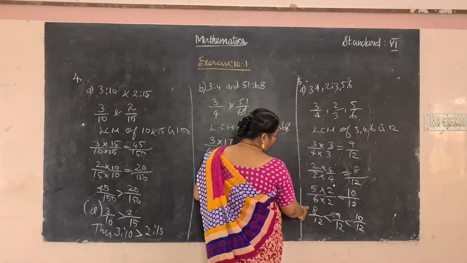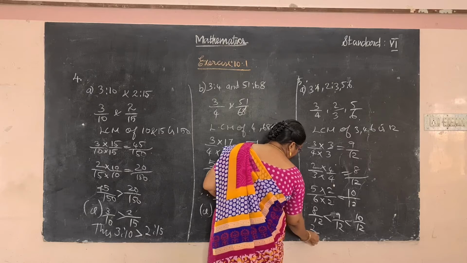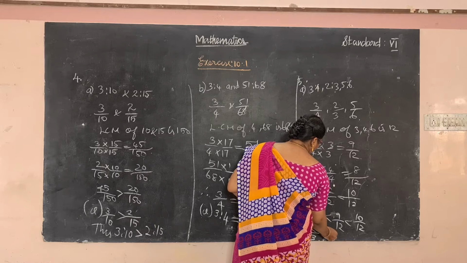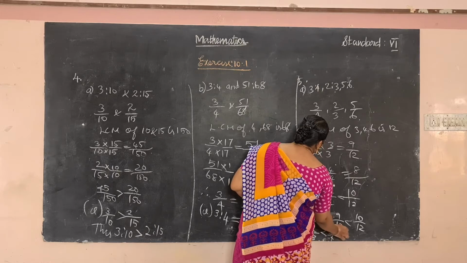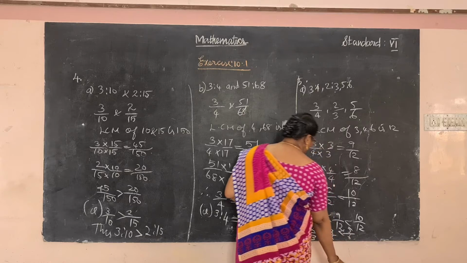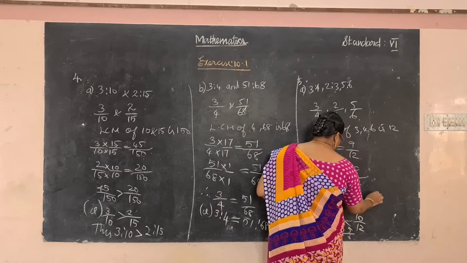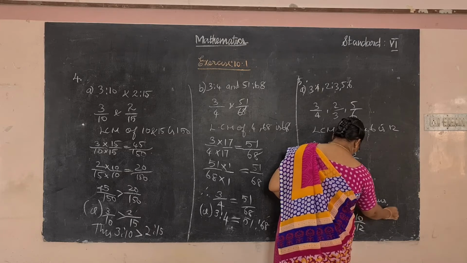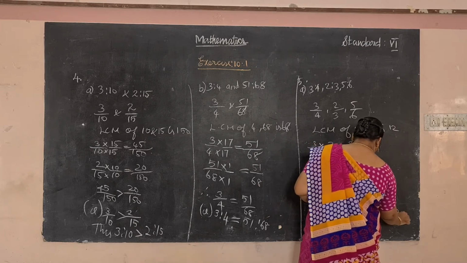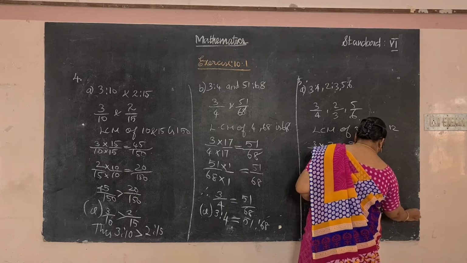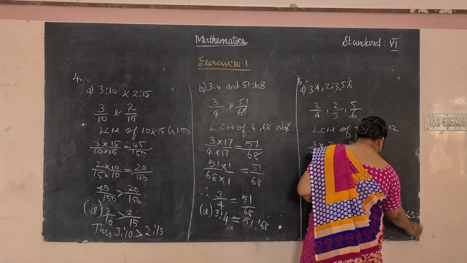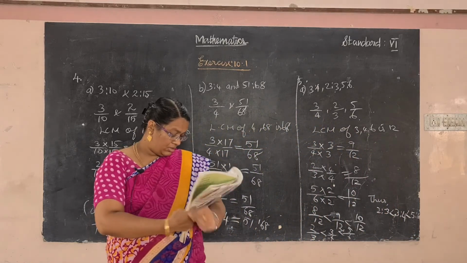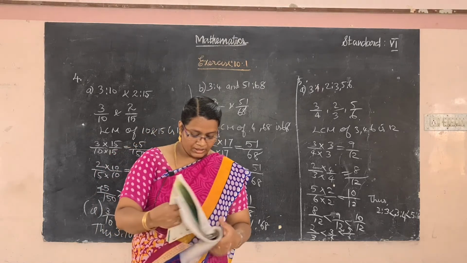So 8 by 12 means 2 by 3 is less than 3 by 4, which is less than 5 by 6. Thus 2 is to 3 is less than 3 is to 4 is less than 5 is to 6. This is the ascending order. The remaining problems are homework. Okay, right.